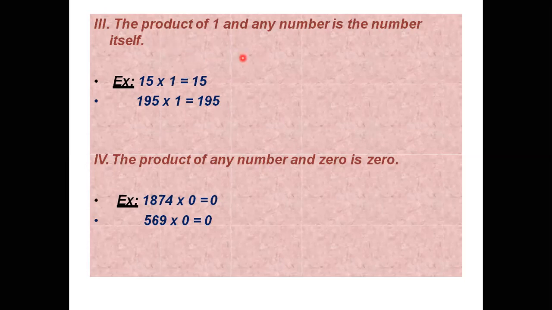Next, if you multiply any number with 1, you will get the number itself. And the fourth property is, if you multiply any number with 0, you will get the product as 0 only. So these are the properties of multiplication.